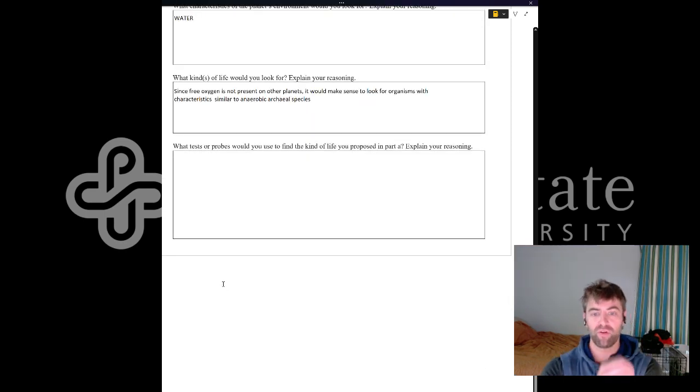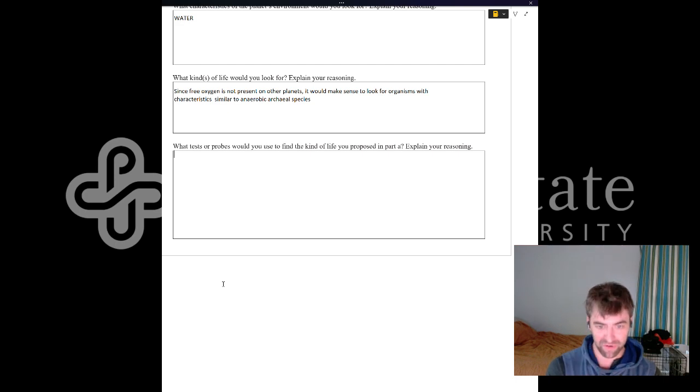What tests or probes would you use to find the kind of life you proposed in part A and explain your reasoning? Again, there's no right answer for the previous questions, but your answer for this one should make sense given whatever example you put here. If we make the assumption that life on other planets followed a similar evolutionary path to that of life on Earth, we would want to look for similar markers, such as life forms that have DNA or RNA as their genetic material.